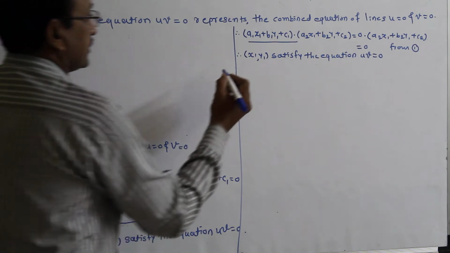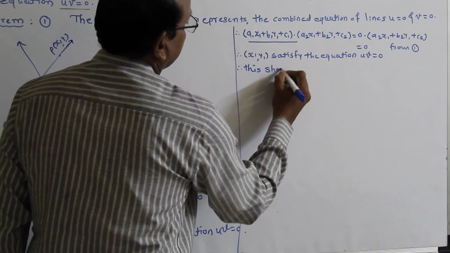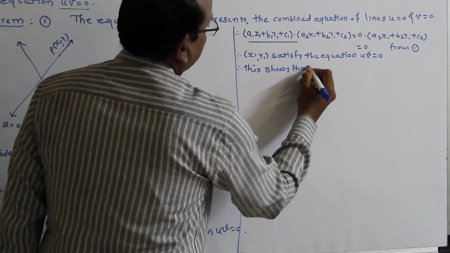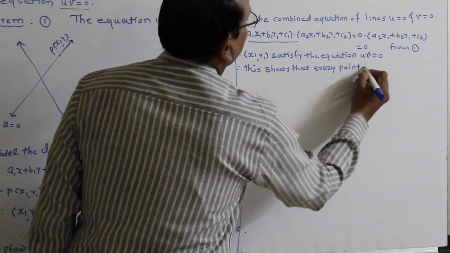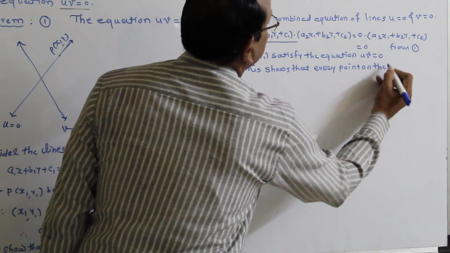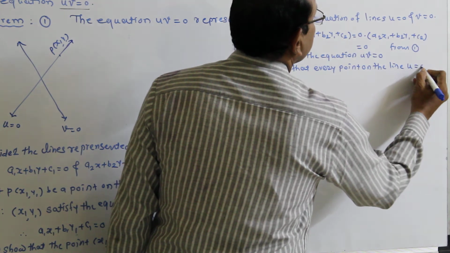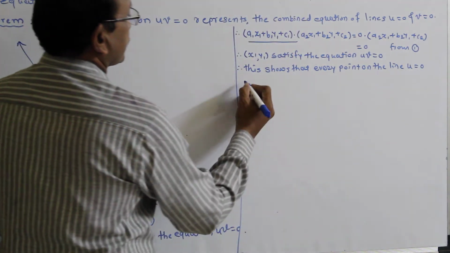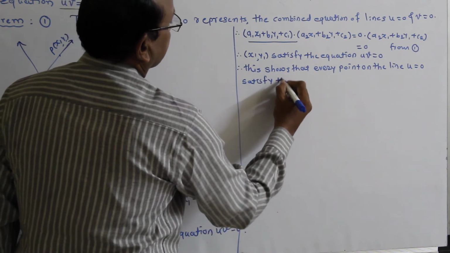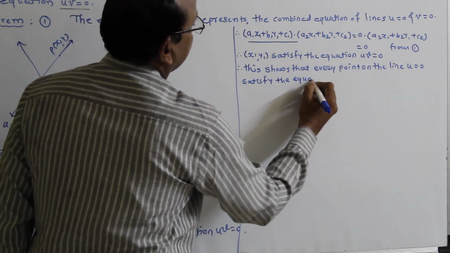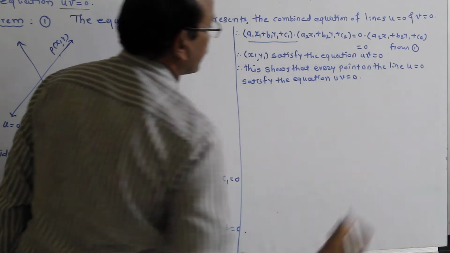So this shows that every point on the line u equals 0 satisfies the equation u into v equals 0.